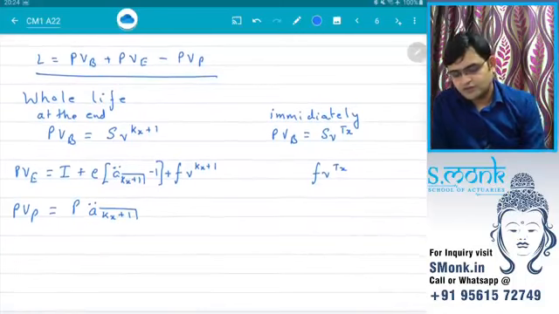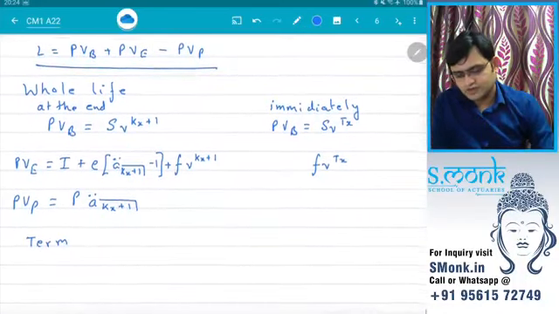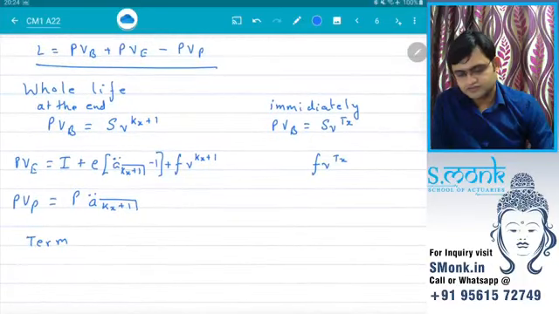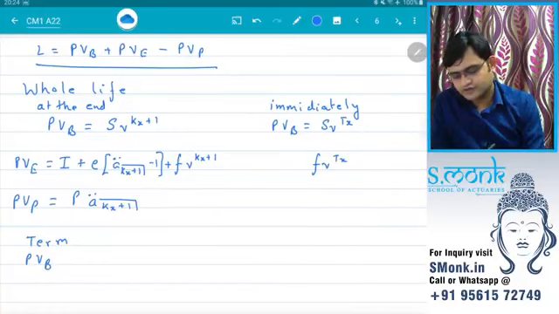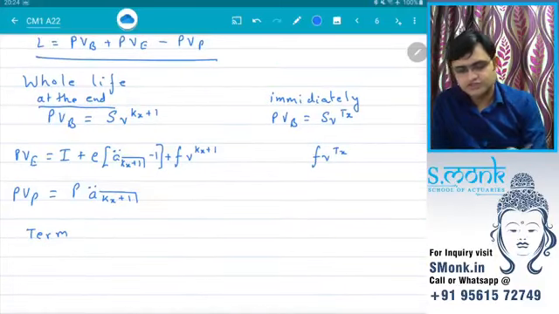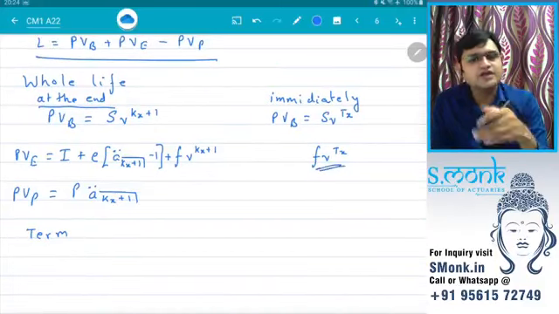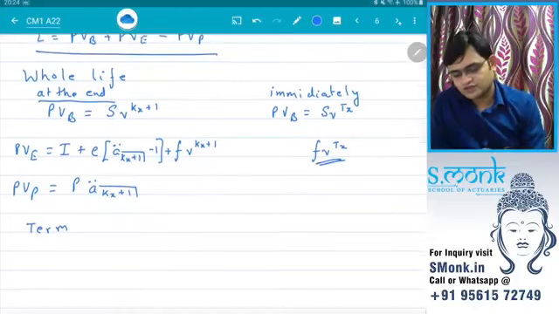What about a term policy? In term policy, we say present value of benefit. I am again taking at the end of the year. Immediately we can change a few things, so I will be writing in terms of at the end of the year only.